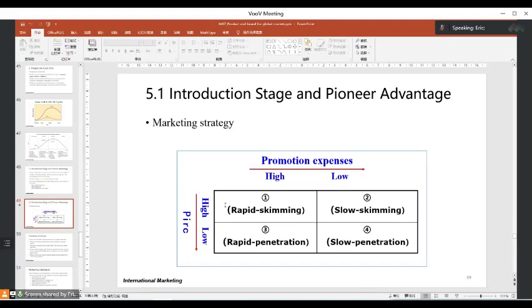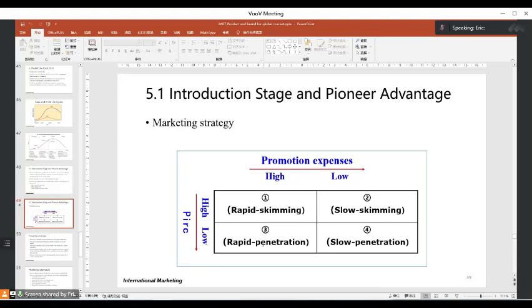Because last time we did not have enough time, we didn't discuss this more. If you want, in a short time, the customers or this market to know our brand, our product, you should set a low price. Of course, simultaneously, you should spend more on the promotion.